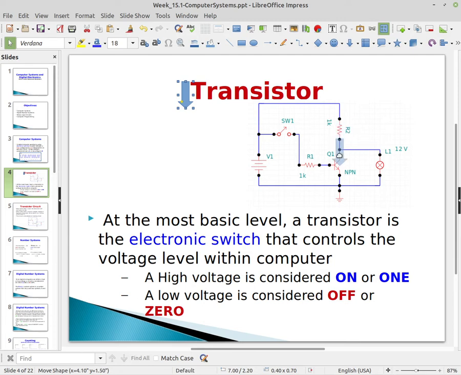So when this transistor is on, because this voltage is so low, then the voltage across the LED is also low since they're connected together, and so the light would be off. But remember, the important thing here is to simply remember that inside of a computer, low voltage is considered off or 0, and a high voltage is considered on or 1.